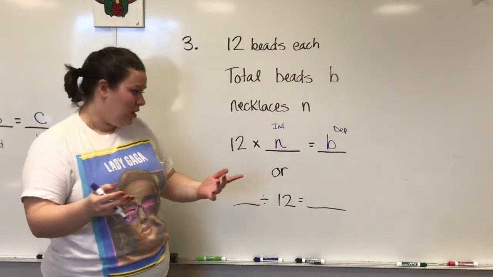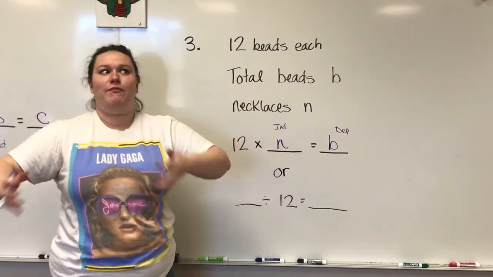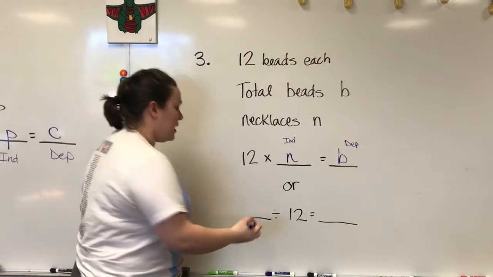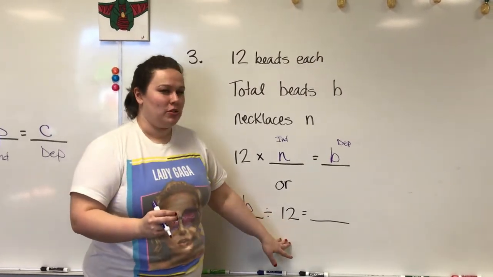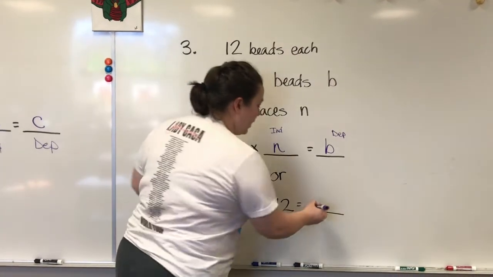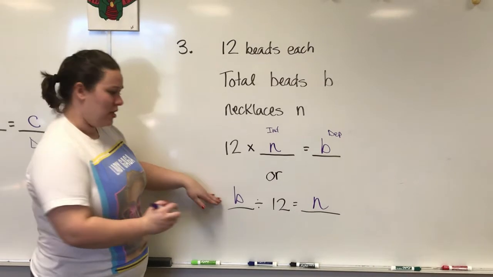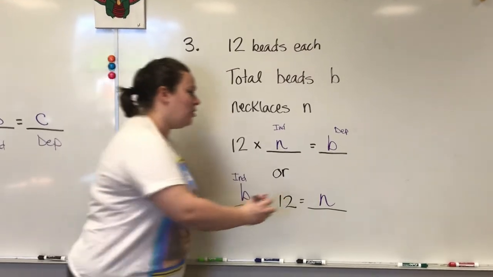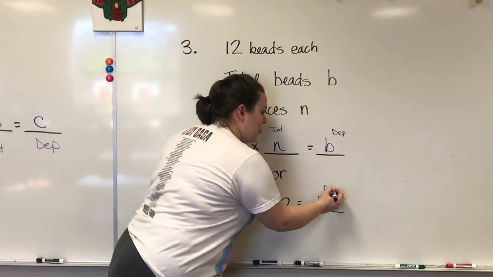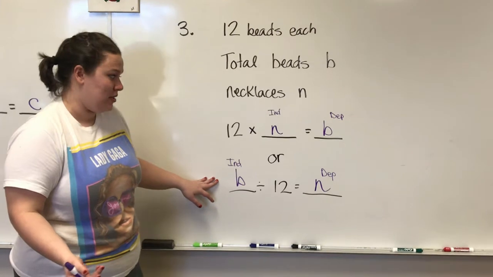However, you could say, I have this many beads. I have 450 something beads. And I have to divide that by 12 to tell me how many necklaces I could make. So then this becomes the independent variable, and this becomes the dependent, because what if I only have 24 beads?